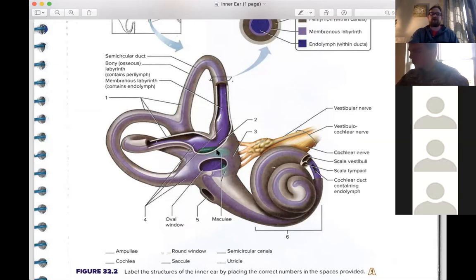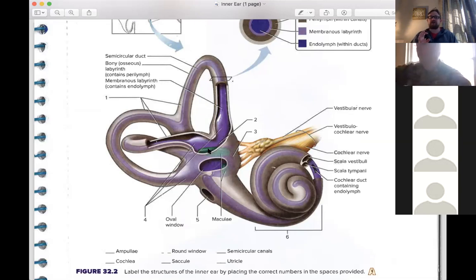The maculae are a gelatinous, jelly-like substance that has calcium carbonate in it. Calcium carbonate forms little crystals, and those crystals are important because they make the maculae heavy. They give it weight. So when you move your head, while sitting or standing, it causes the maculae to slide slightly to the side because of the calcium carbonate crystals.